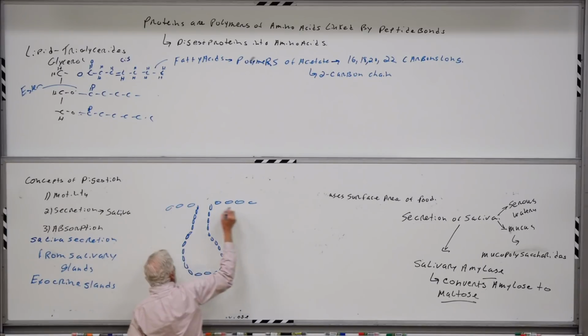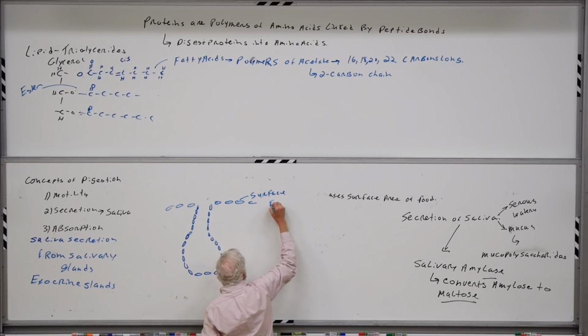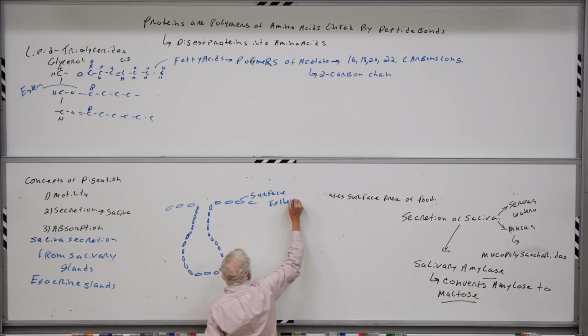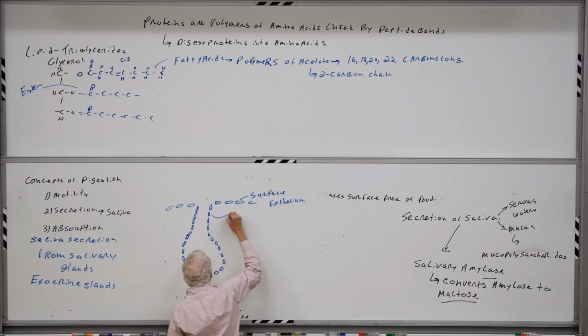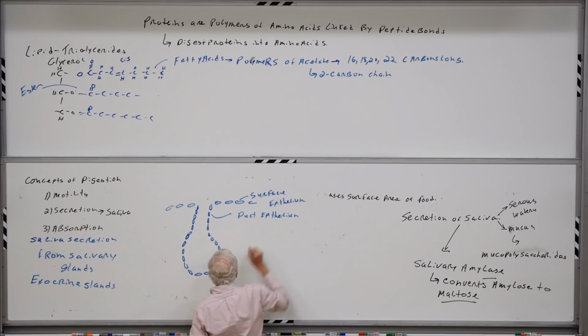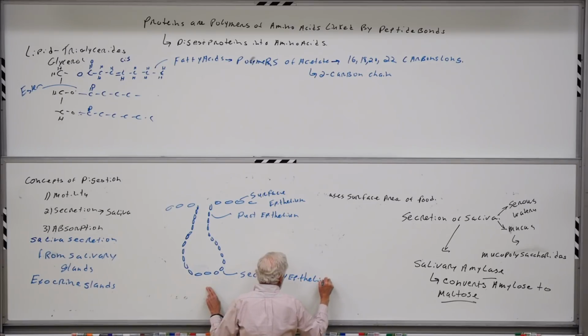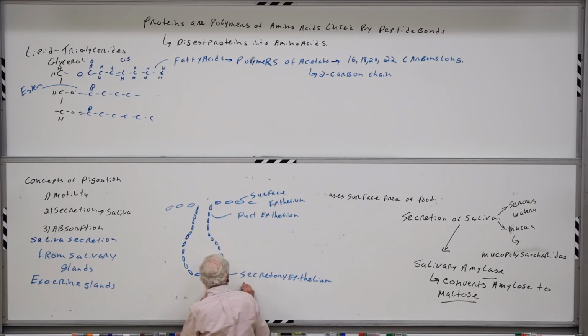So as we've seen before, this is a surface epithelium. This is a duct epithelium. This is, in fact, a secretory epithelium. But in this particular case, we call these acinar cells.